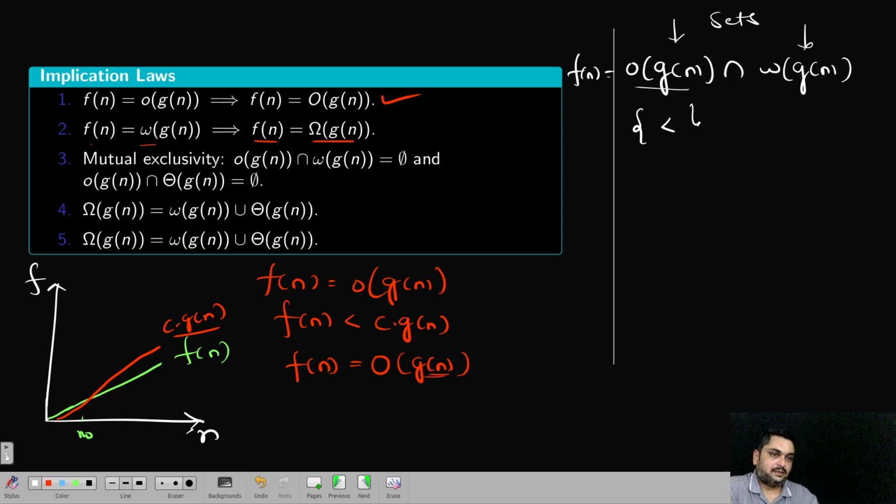So this contains less than. Intersection omega means strictly greater than. So what is the intersection now? Empty. So that's it. This is how you can solve any question. You need not remember all these formulas.